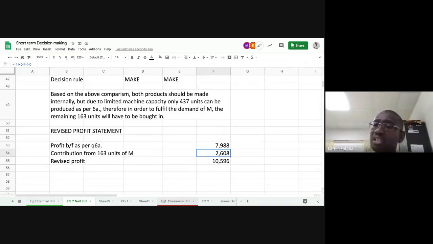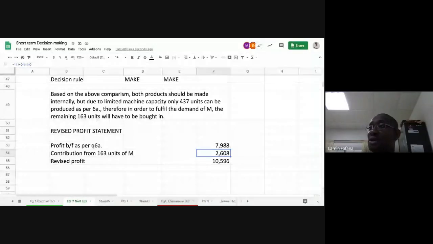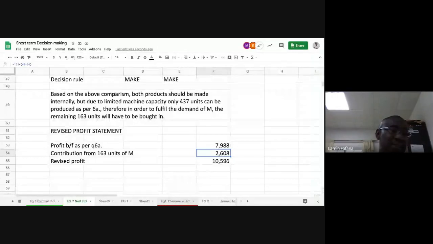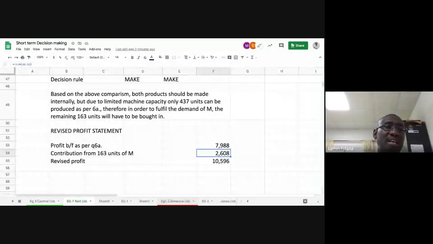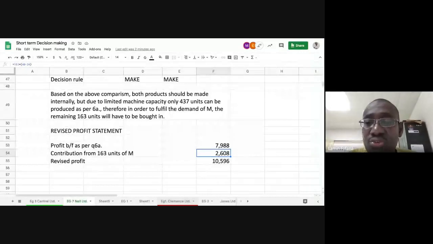We've not been told that you're going to sell at an extra amount when you outsource it from somebody else. So the selling price will remain the same, that's 40, but the variable cost in this case will be the purchase price, which is 24. So 40 minus 24 gives you the contribution per unit multiplied by the 163 units. That gives you 2,608.